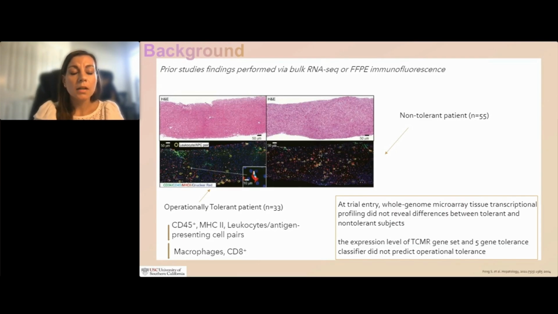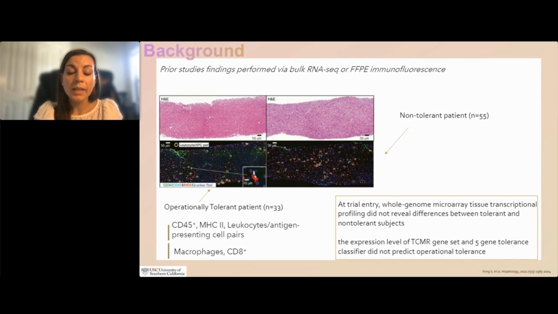Previous studies have used mainly bulk RNA sequencing or FFPE immunofluorescence technology to try to better characterize the immune microenvironment within liver allograft rejection. As you can see here, there are some markers, but we don't have a high level of detail associated with them.